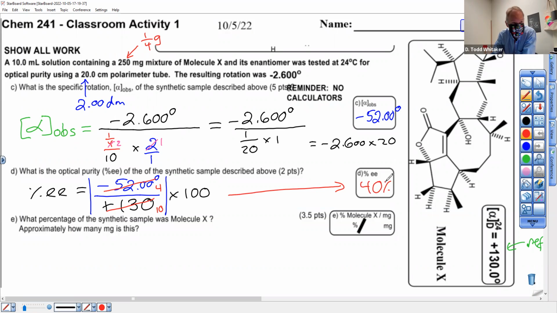That's the interpretation. We haven't discovered, and we could have discovered which one was major and which one was minor right from the beginning. The signs don't match. Therefore, the enantiomer is major.